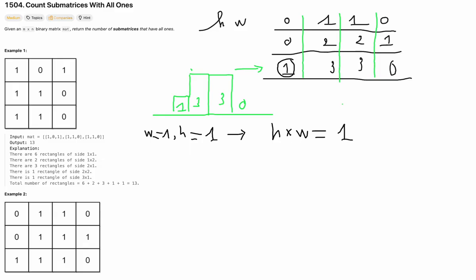So here for the first one, we have one rectangle. How about for the second one? Previously we were examining this corner. For now we jump into this corner, and this one is 3. So what is the height and the width of this one? Let's exclude this one from now.